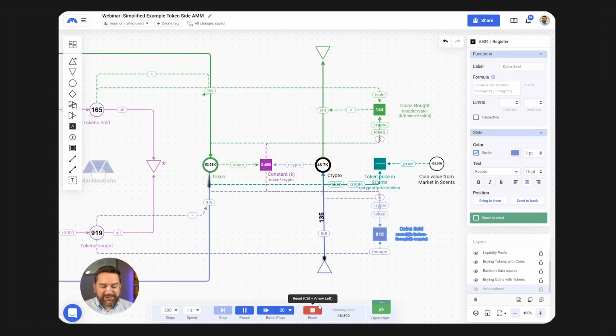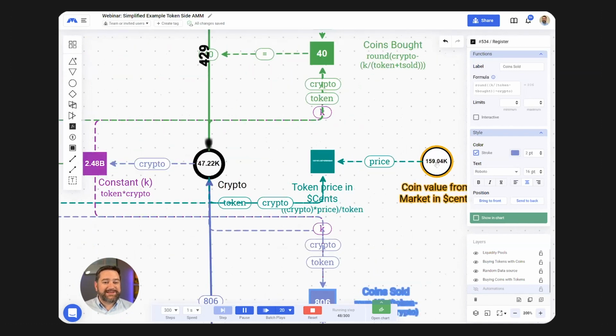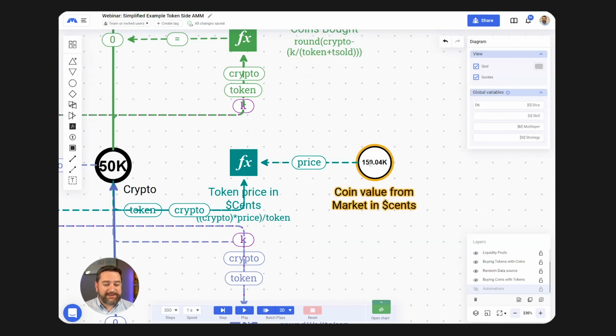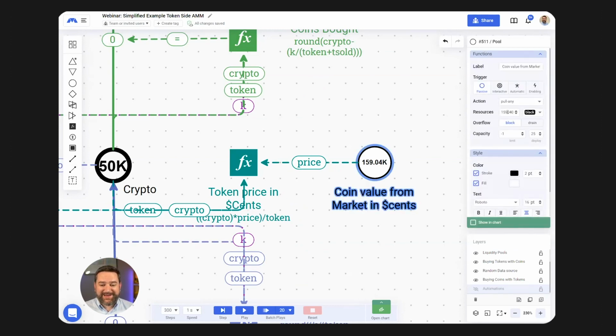In this example, which will be quite interesting for you crypto folks, I set the price of this yesterday, of where Ethereum was. It's going to depress me too much to look at the new price of Ethereum, so we'll just pretend it's yesterday: $1,590 for an Ethereum.